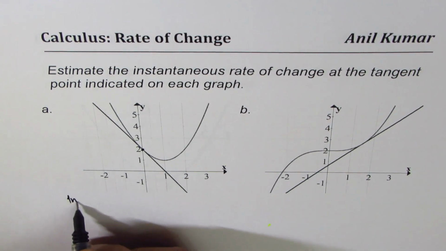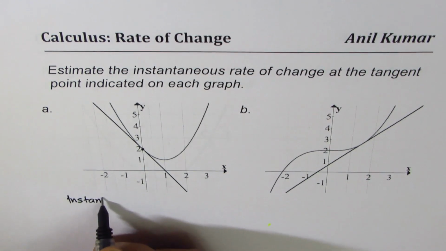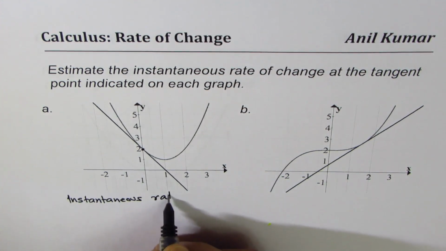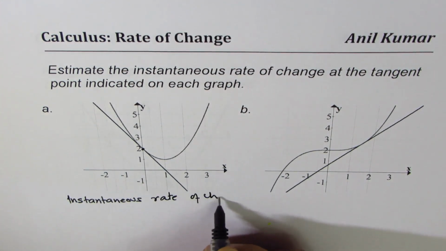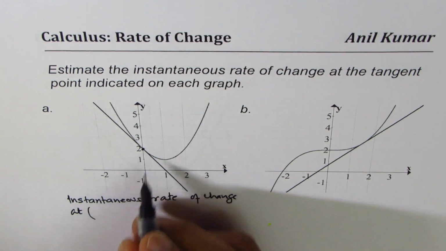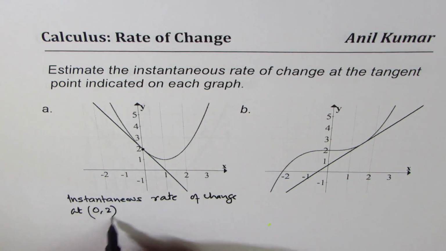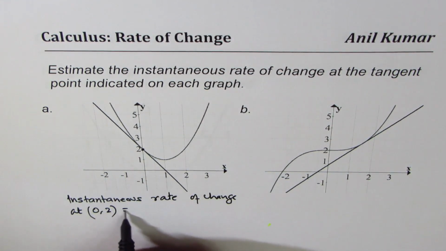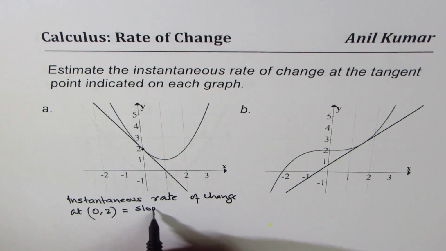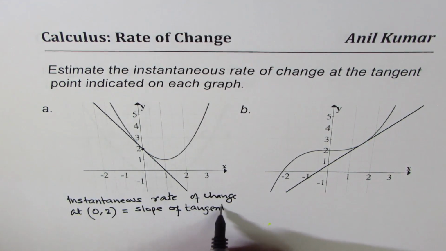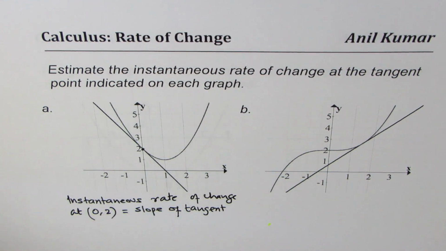So we can write the instantaneous rate of change at this point, (0, 2), will be actually equal to the slope of the tangent, right? The tangent line is already drawn.